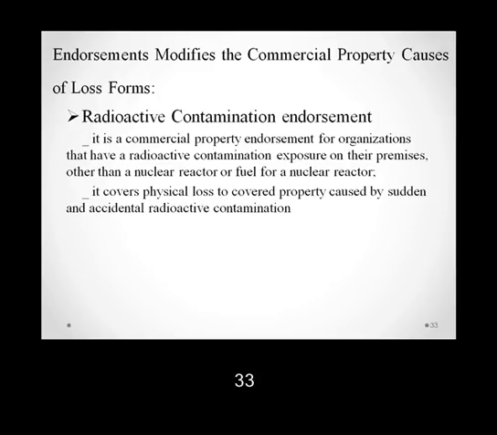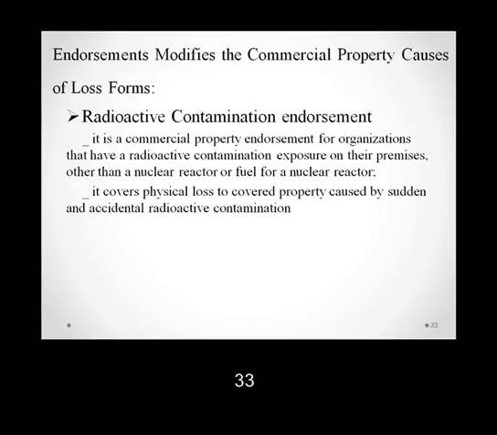Finally, there's this radioactive contamination endorsement. For example, if you have a chemical lab and you have some type of radioactive chemical compounds, you might want to have this radioactive contamination endorsement to protect against those radioactive contamination losses. Now, be very careful.